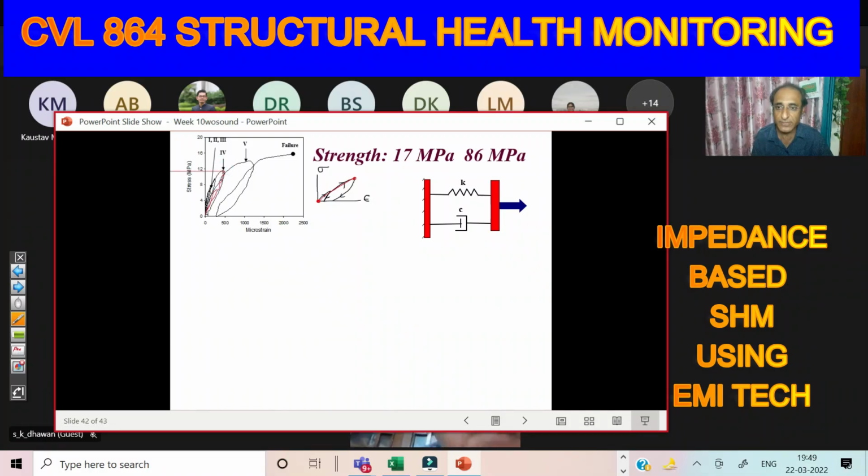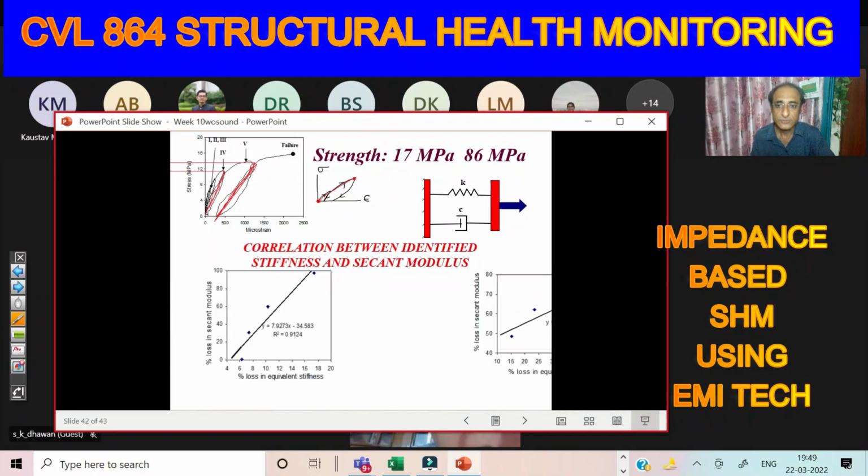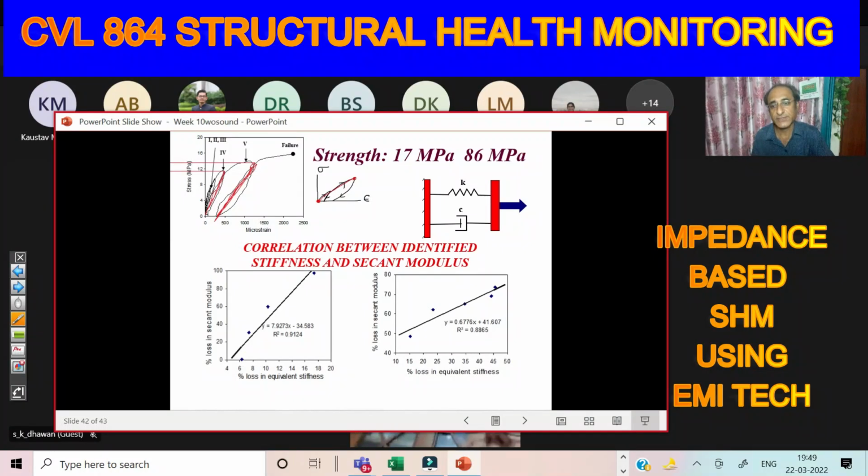For example, the secant modulus is reducing with incremental loading, so that is a measure of the stiffness. We could very well correlate this with the equivalent stiffness. The loss of equivalent stiffness and the loss of the secant modulus followed more or less a similar pattern.